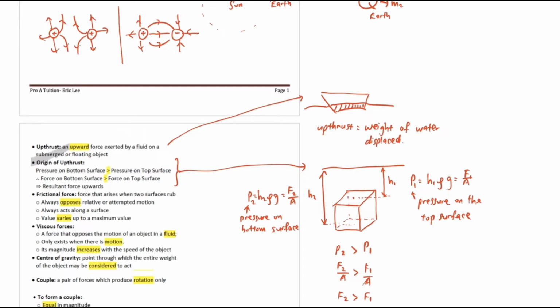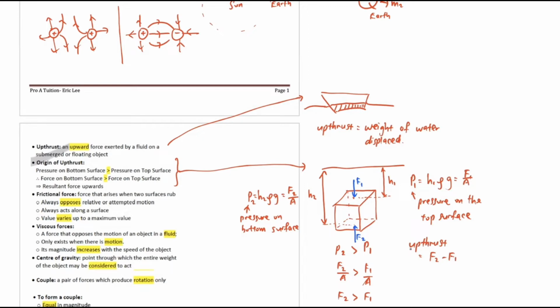So force on bottom surface is F2, acting this way. Force on top surface is F1, acting this way. So now resultant force is upward. Resultant force is known as the upthrust. So upthrust equal to F2 minus F1.